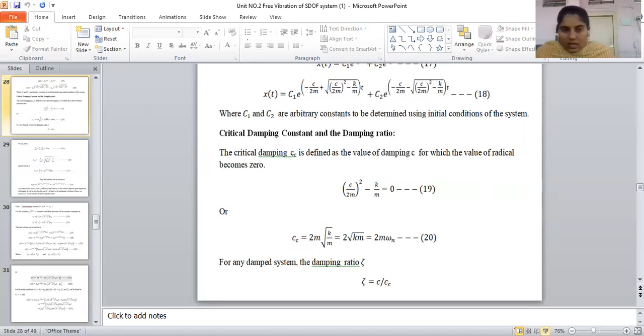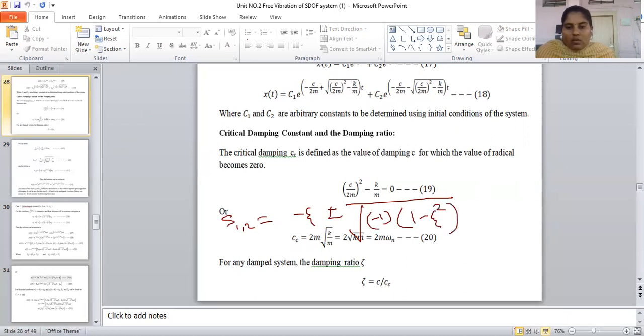So you can understand this. S12 is equal to minus zeta plus or minus root of zeta square minus 1. If we take minus 1 outside, and put 1 minus zeta square into the bracket, into omega n, then that minus term comes out.